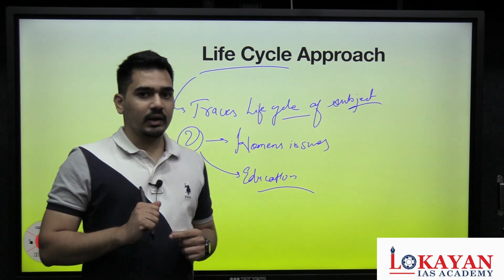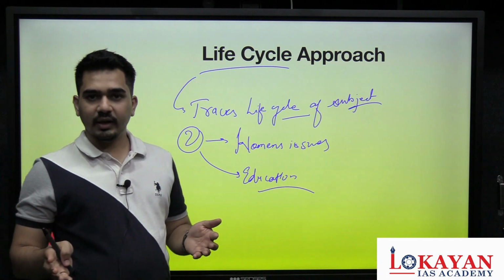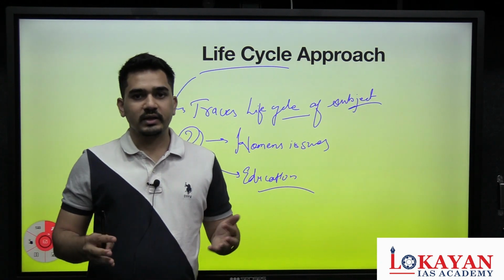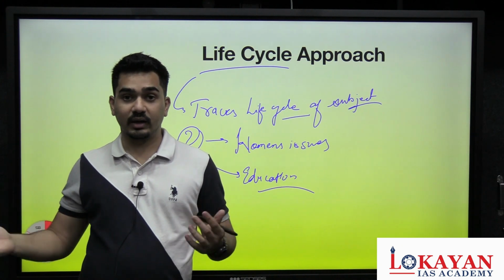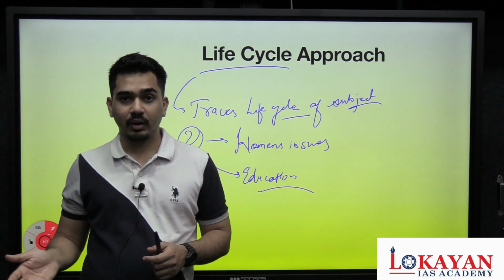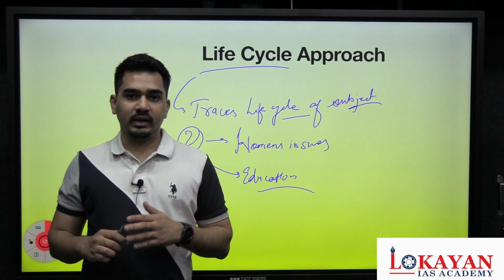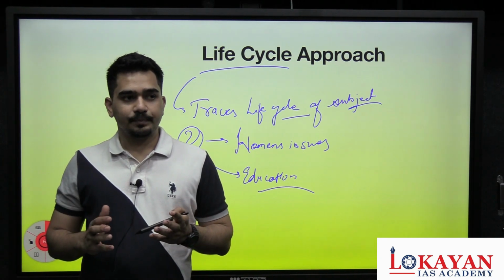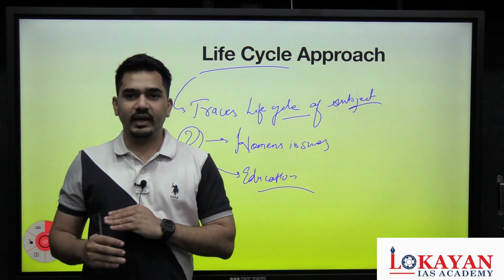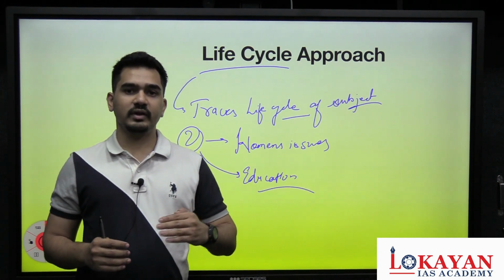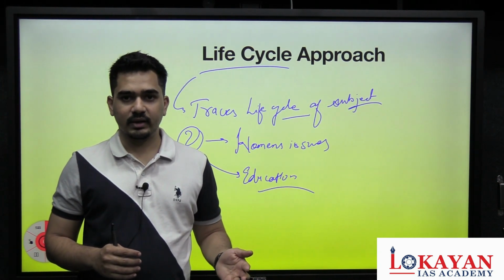On those lines, once they are born, there's nutritional inequality. In adolescence, there's dual burden. Once they step out, there's glass ceiling, gender wage gap. Skill development is also a bit biased. So in that form, you will trace the problems that are faced by women throughout their life cycles.